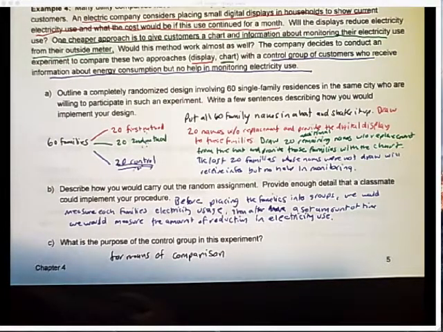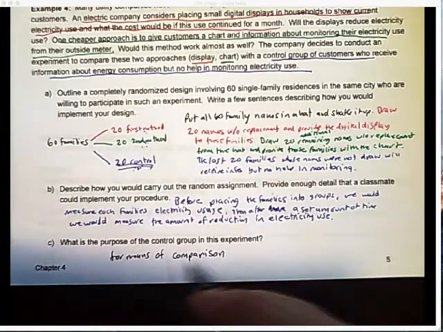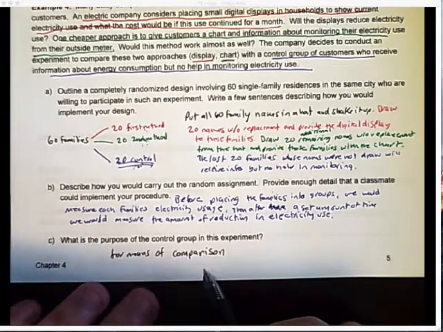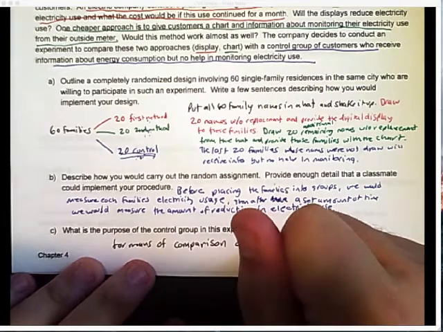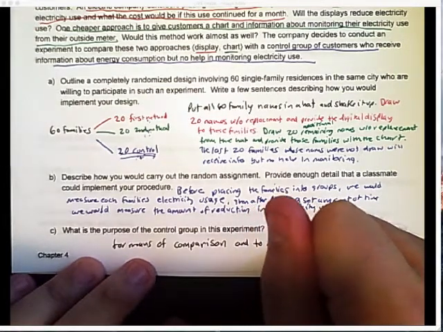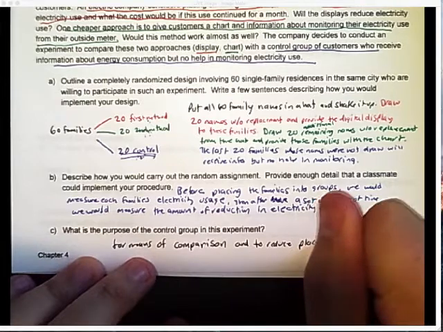They think they're being treated for something, and their heart rate or blood pressure might just go down because they think they're taking a drug. So we use control groups for means of comparison and to reduce what we call the placebo effect.